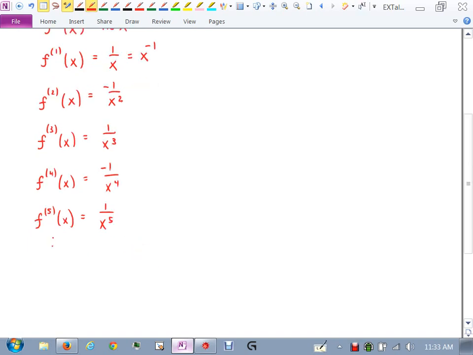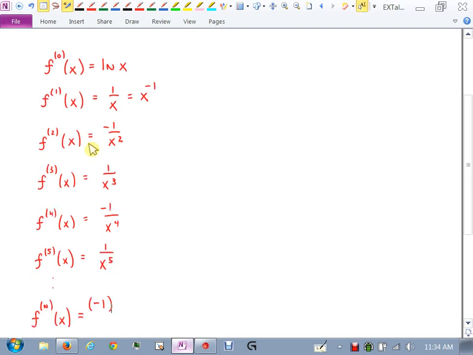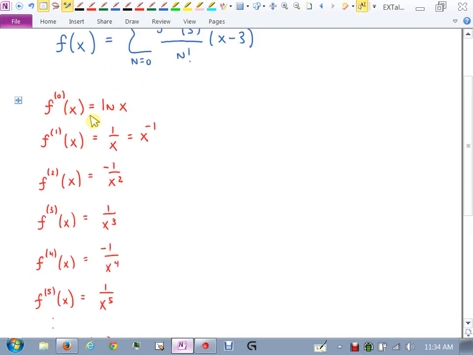Can you please give me a formula for the nth derivative? You're trying to take care of the alternating part, right? The negative 1 to the what, though? The 0th one I don't really care about.